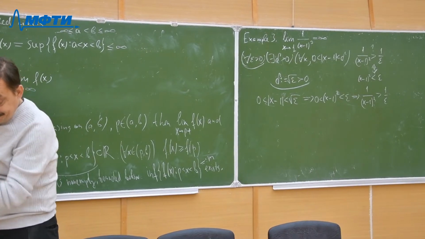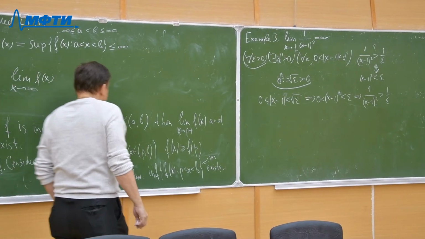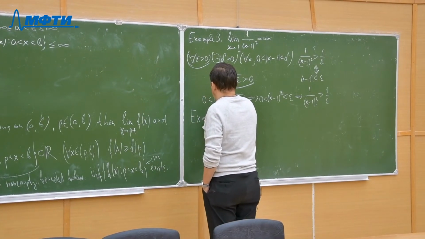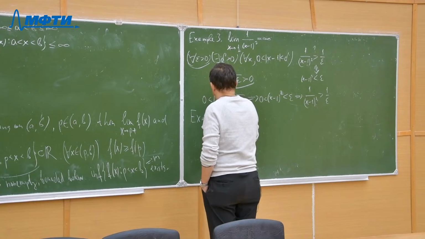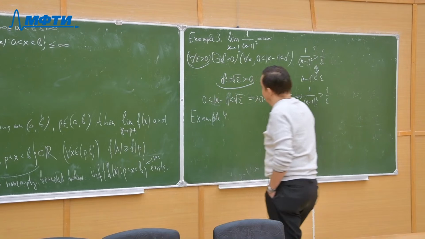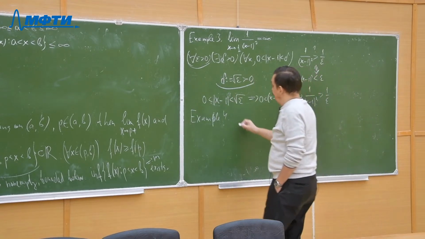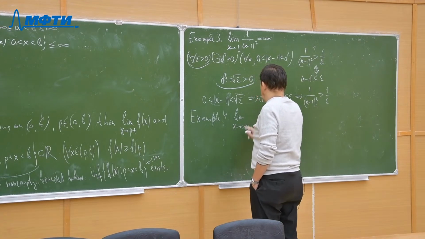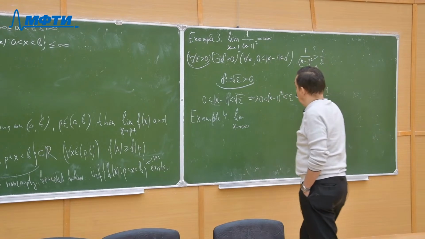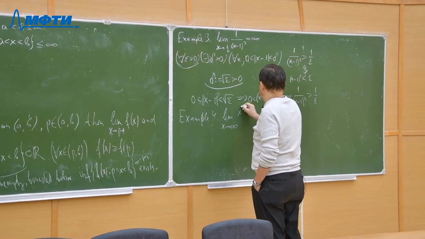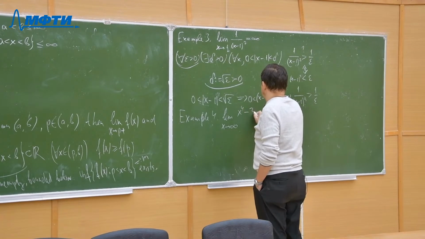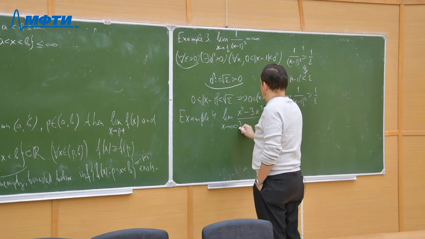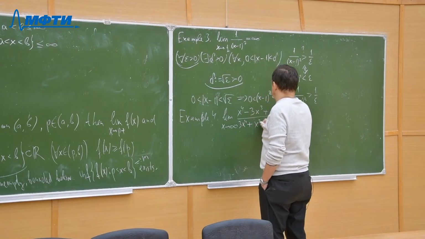And yeah, maybe one more example. Example 4, similar to limits of sequences. The limit as x tends to infinity of (x to the power 4 minus 3x cubed plus x) over (3x to the power 4 plus x squared minus 1).